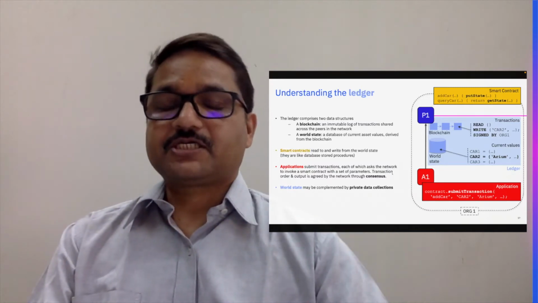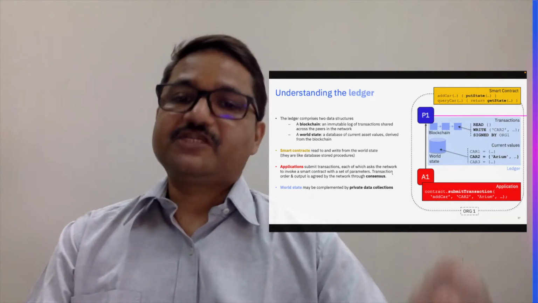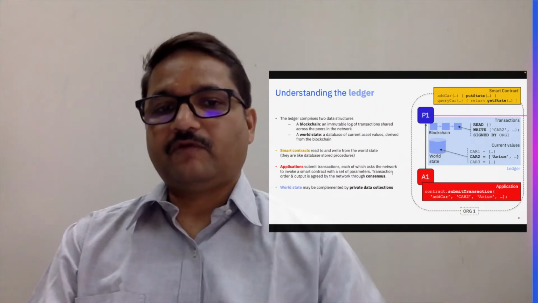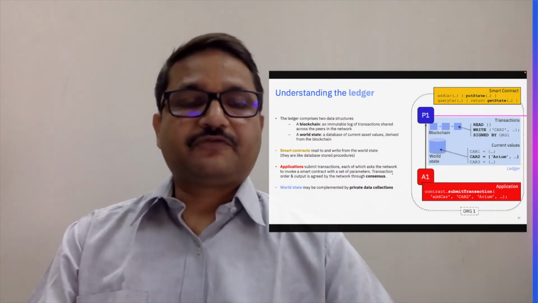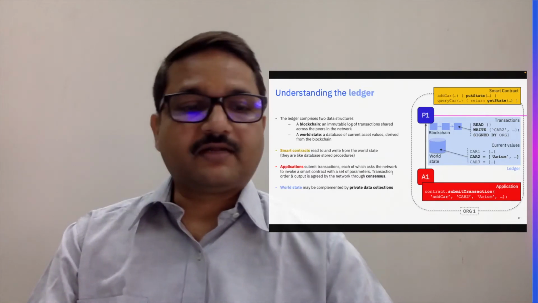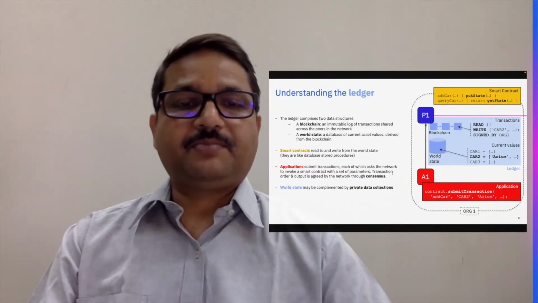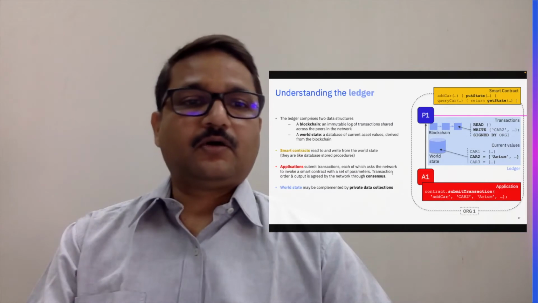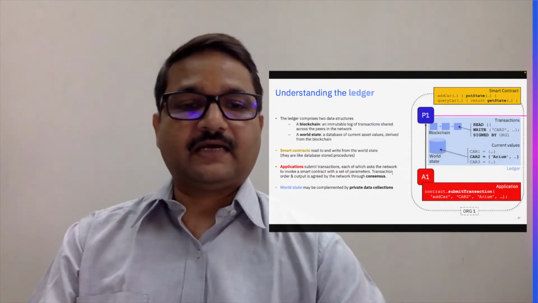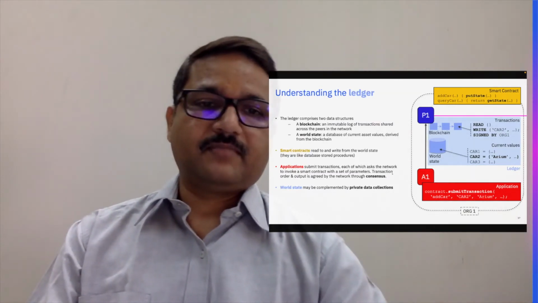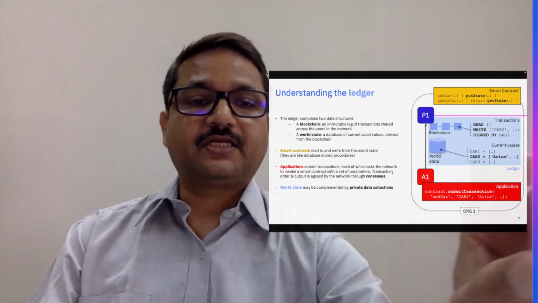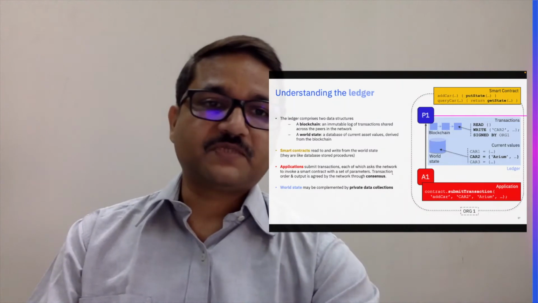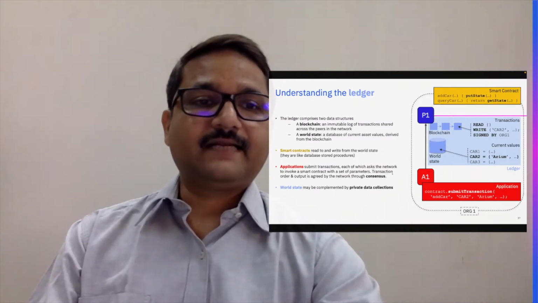The second data structure is the world state, which holds the current value of a particular asset, derived from the blockchain. If you see the infographic on the right-hand side, it shows a peer P1, which has 2 data structures. One is the blockchain, the ledger that you see towards the top, the blocks which are connected to each other, and second, the world state.